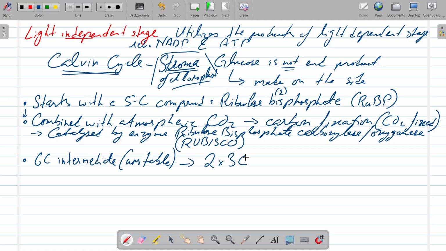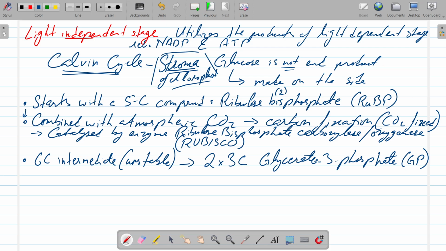It is glycerate 3-phosphate. The 3 over here is just telling you the position of the phosphate group. Its known abbreviation is GP.